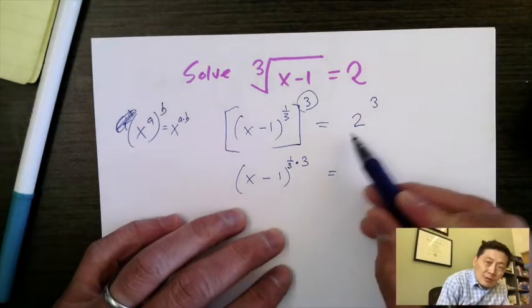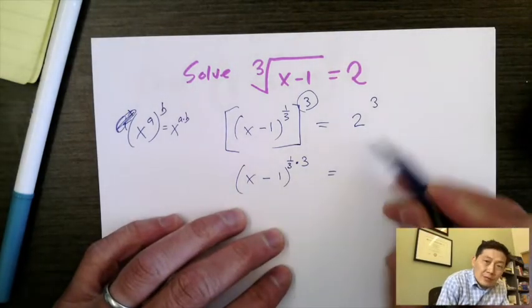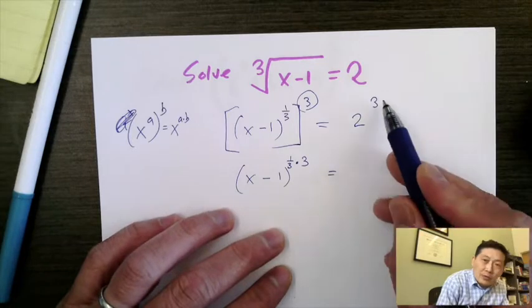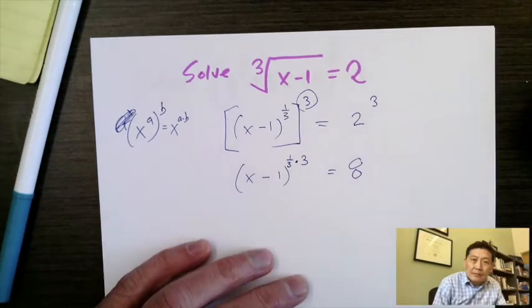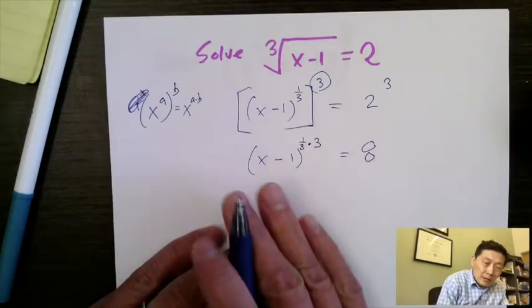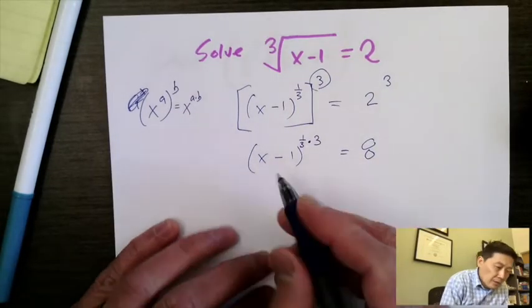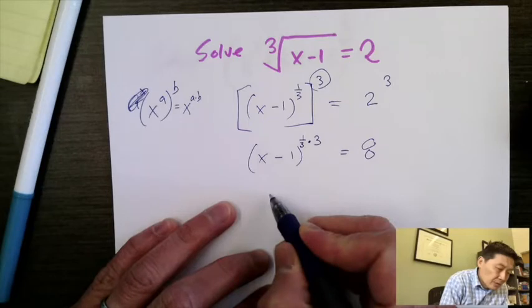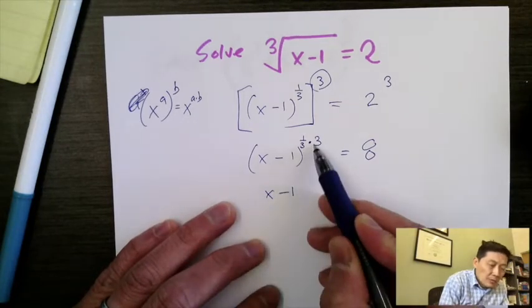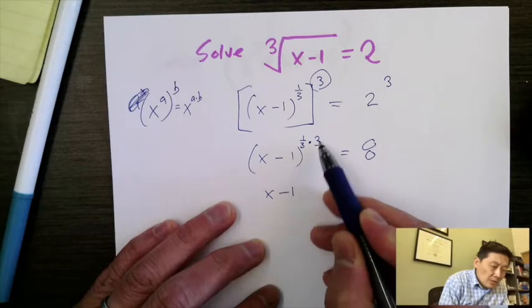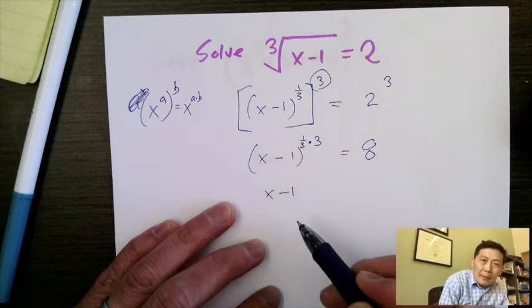I go on to the next step and I say, okay, on this side, what happened next? 2 to the 3rd power, very simple, is 8. Now I can clean up the previous step. So x minus 1, because 1/3 power times 3 is just 1, so it's a whole thing to the 1 power, right?